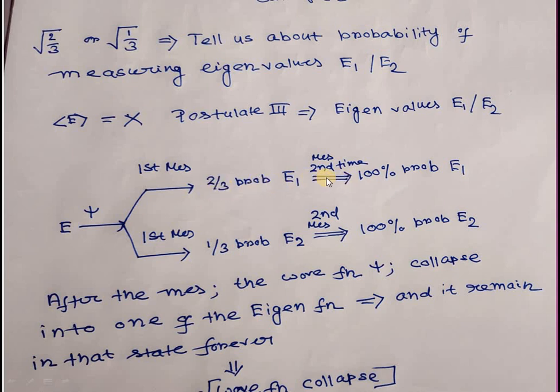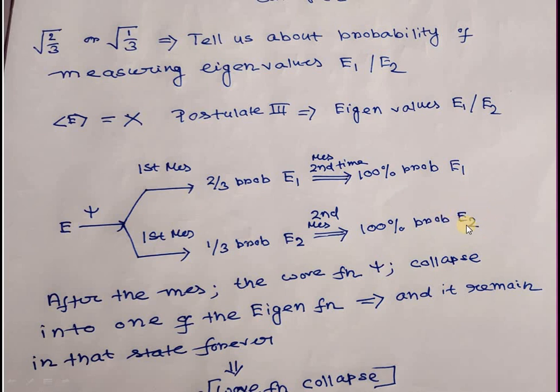When you measure the second time, the probability of measuring E1 will be 100%. Similarly, if after the first measurement you find the energy of the system is E2, and you measure the system again, there is 100% probability that you will obtain E2.